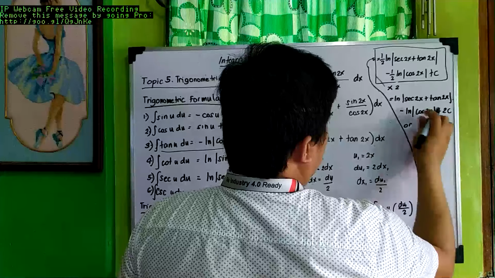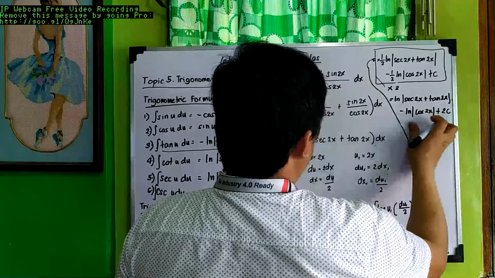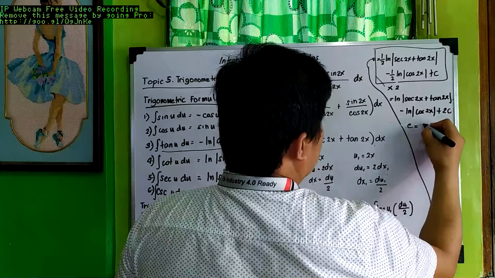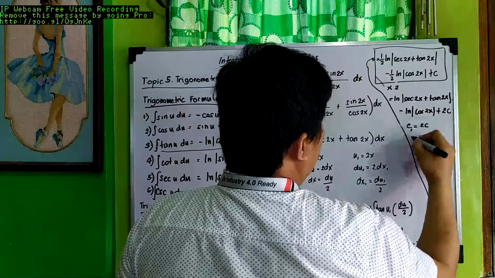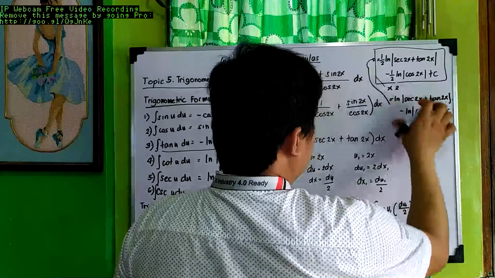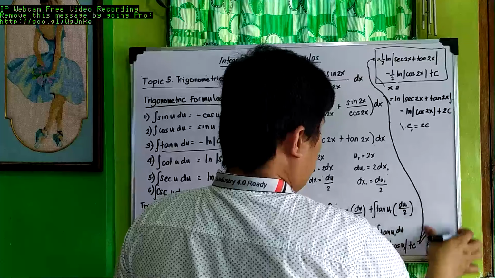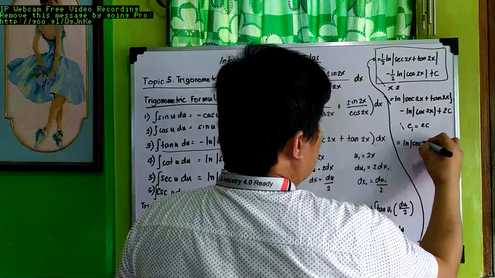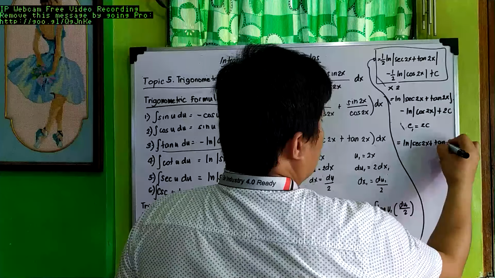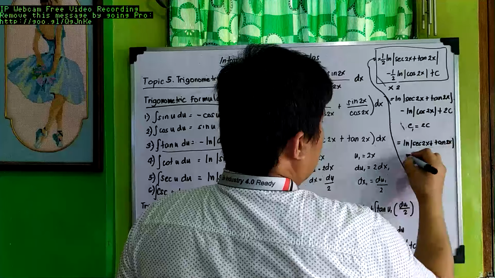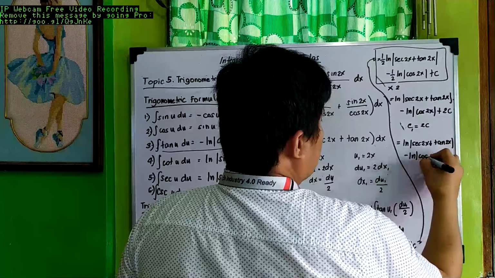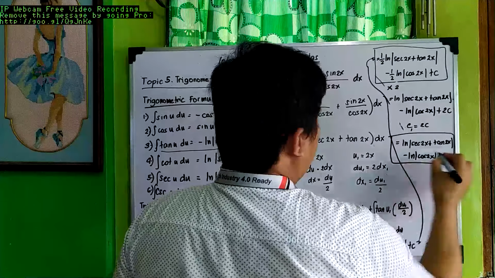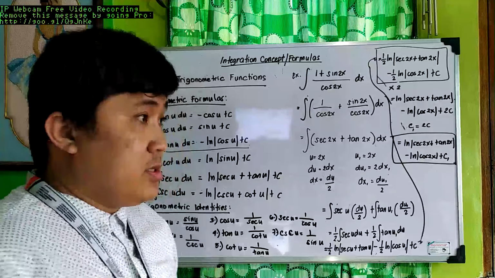Or because we multiply it by 2, c becomes c sub 1, so you will have ln secant 2x plus tangent 2x minus ln cosine 2x plus c sub 1. You can have either of those. Okay.